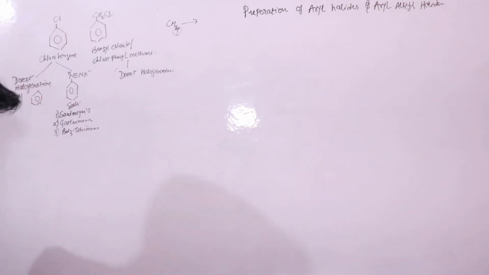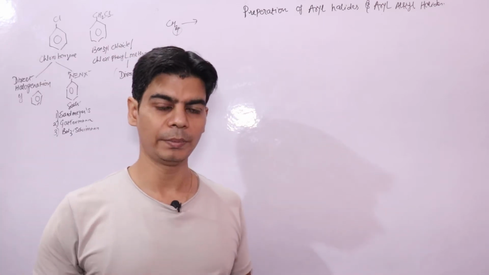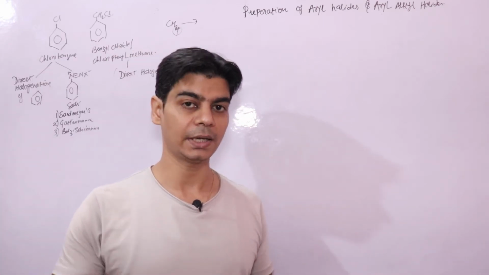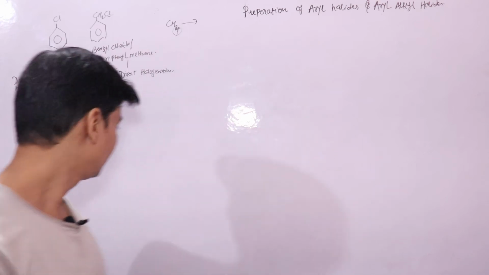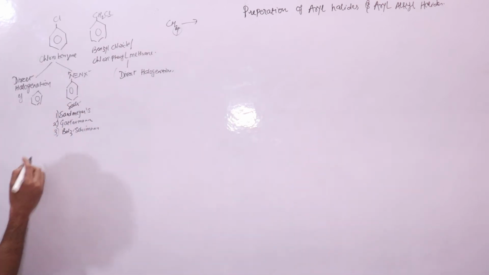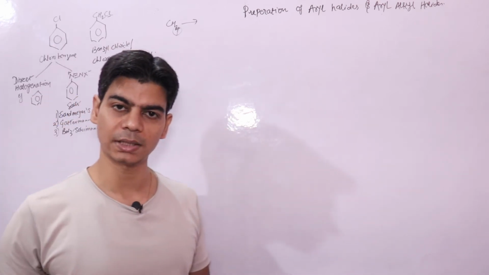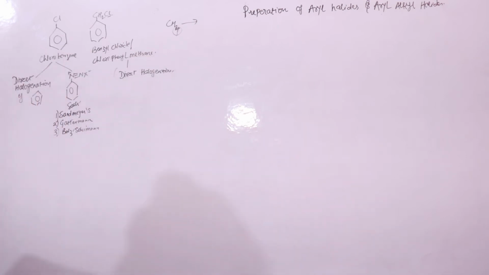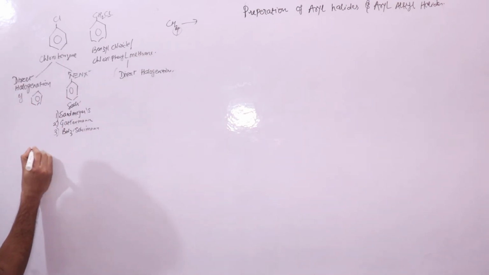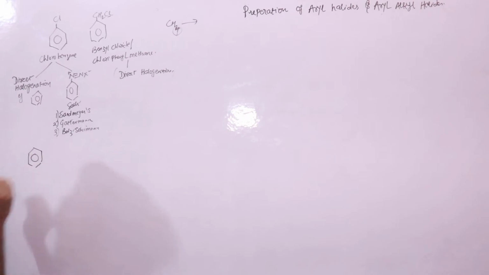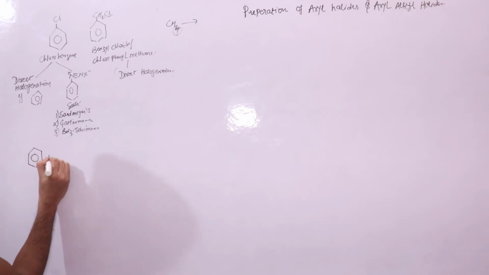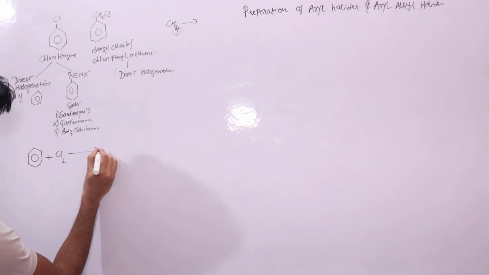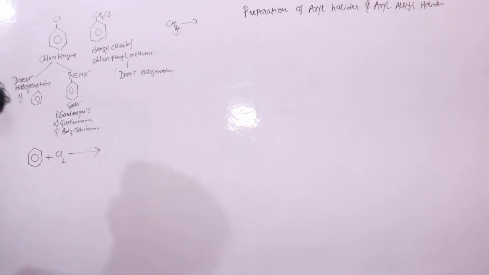So let's first look into the preparation of chlorobenzene and bromobenzene by direct halogenation. We would be looking into the mechanism of the reaction also. So we take benzene, which reacts with chlorine in presence of a halogen carrier.